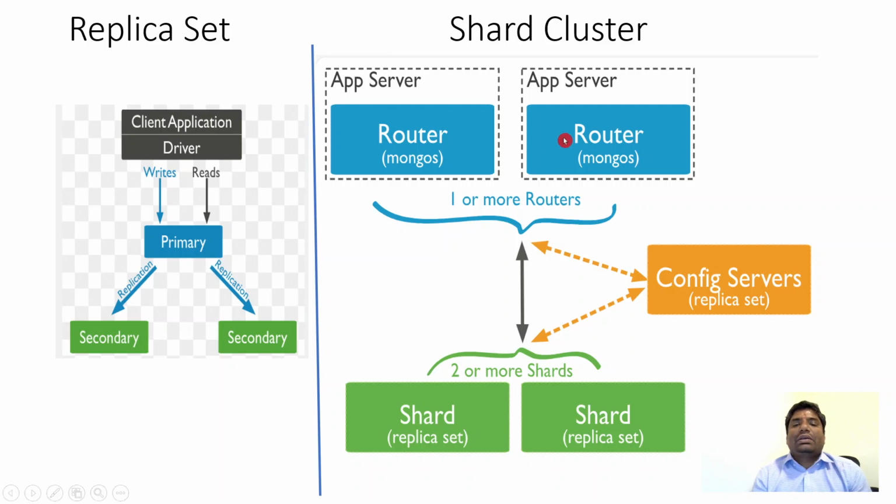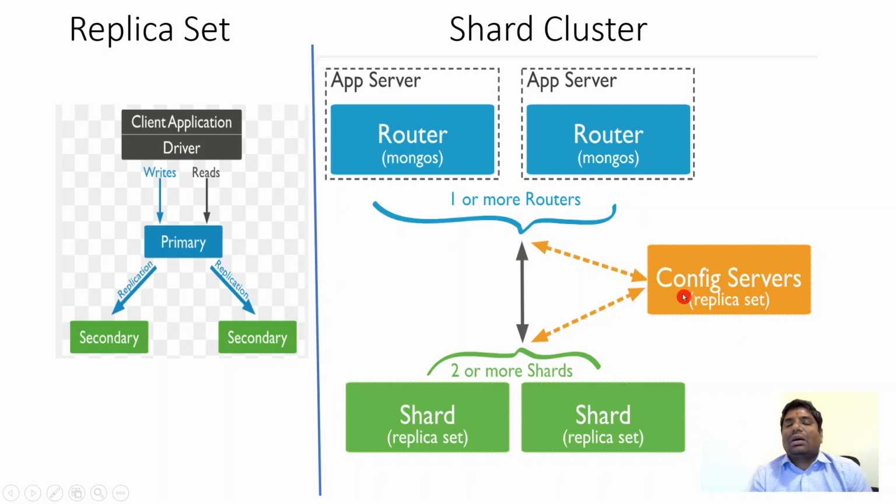What happens here? The request received from the client is received by the router. This router will seek the config server. I have this identifier, the shard key. Whenever you are storing, you have to use a shard key, seeking that shard key metadata from the config servers.